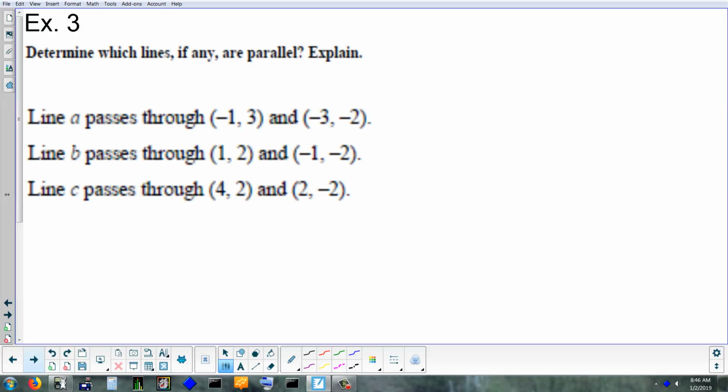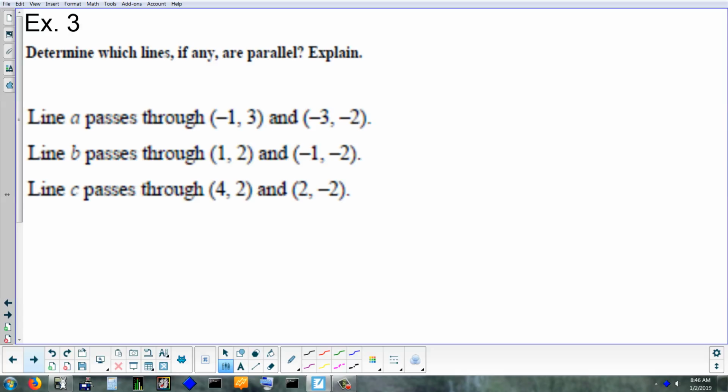But now it's only giving me these 2 sets of coordinates to figure out whether they're parallel or not. So what should I be looking at specifically in these? What's going to tell me if they're parallel or not?